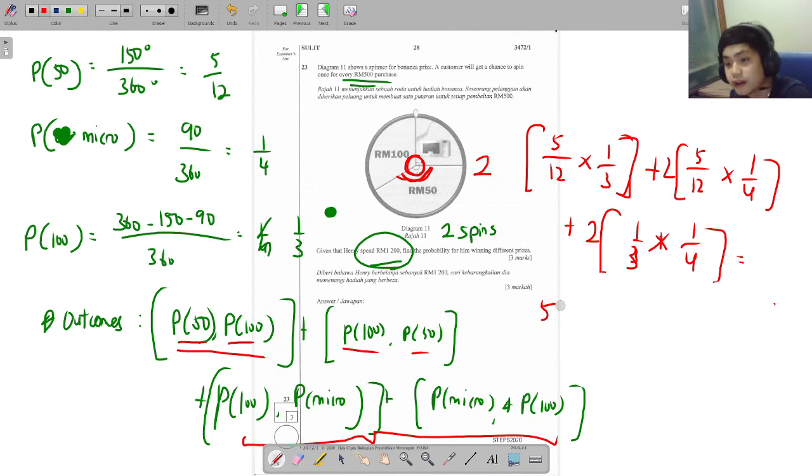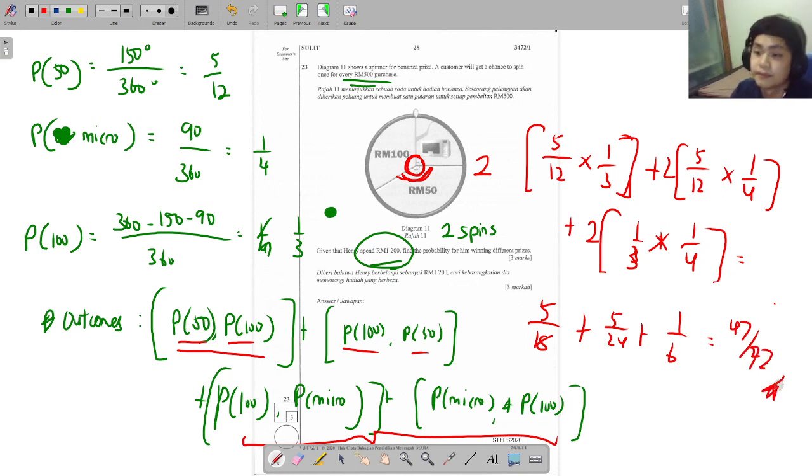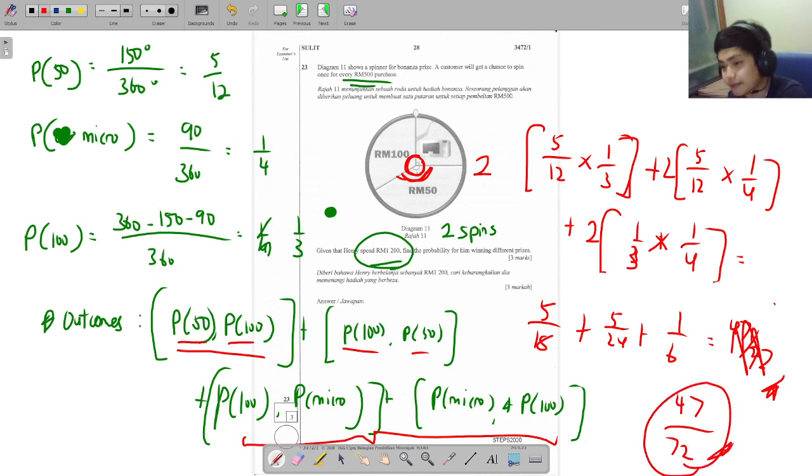So it will be 5 over 18 plus 5 over 24 plus 1 over 6. So we have 47 over 72. 47 over 42, that looks weird. Okay, better.